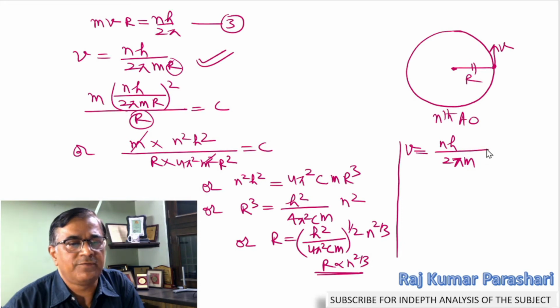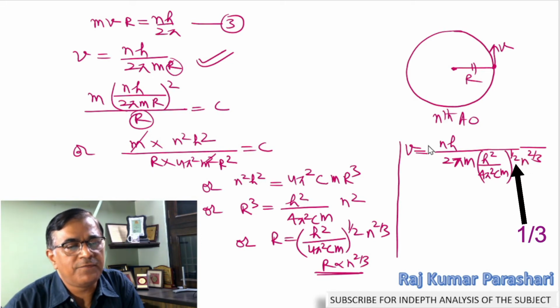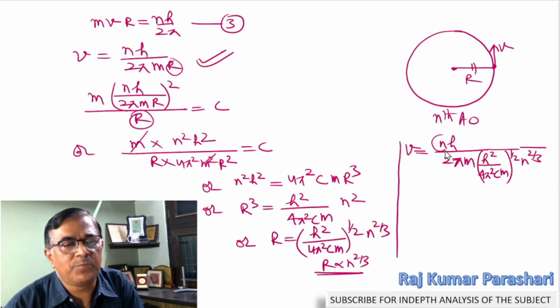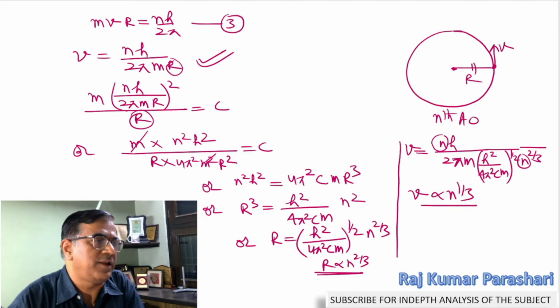This is h square by 4 pi square c m raised to the power 1/3 and then n raised to the power 2/3. If we do not go into further simplification, we should be very clear about the proportionality of v with respect to n. So v appears to be proportional to n raised to the power 1/3. Now let us check various options.